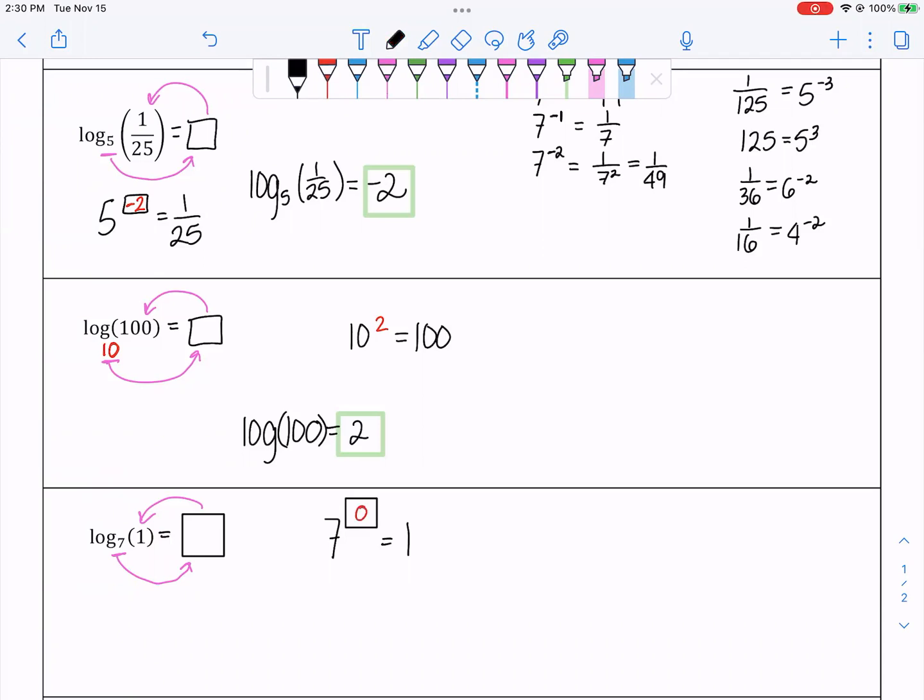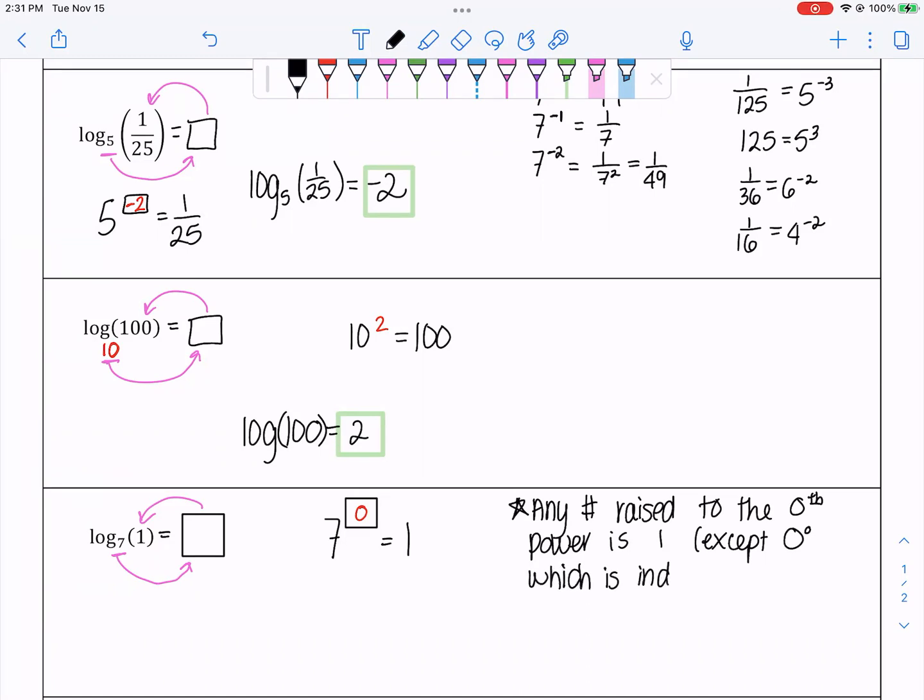Anything to the 0 is 1, except for 0 itself. And that's except 0 to the 0, which is indeterminate.